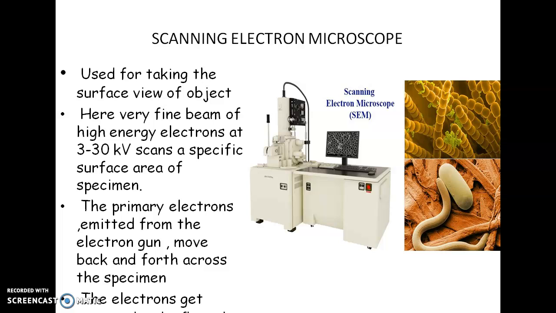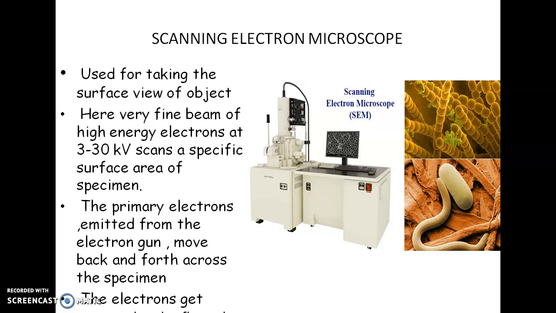Ultra-thin sections in the sense that they are generally used for taking images of intracellular components, cell organelles, cell components, plasma membrane, etc. But here, unlike TEM, we are generally taking only the surface view or the morphological view of an object, not the anatomical features.